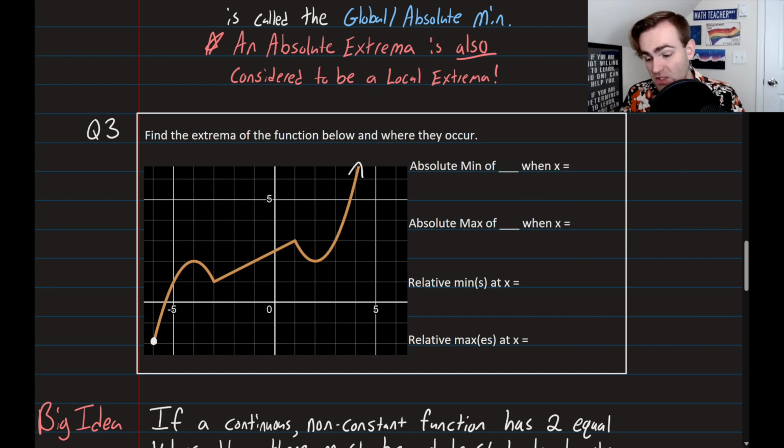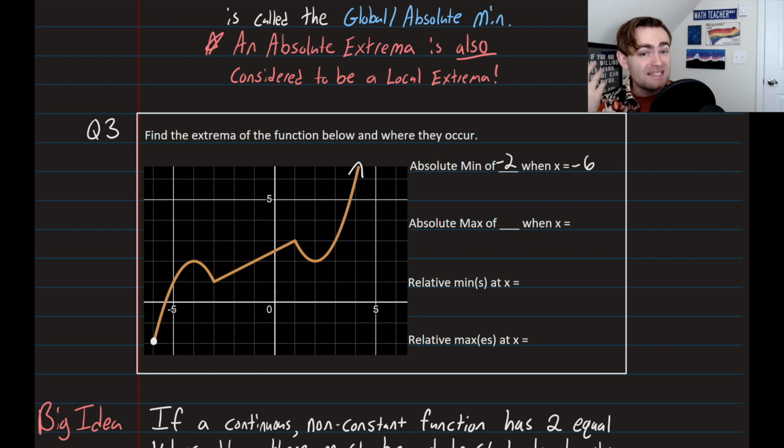So absolute mins, the absolute lowest value possible would be at 1, 2, 3, 4, 5, so all these is y1. So the lowest value it could possibly be would be -2, and that happens at -6. Maximum, because the function goes towards infinity, any number you put down that would be the absolute maximum value, I can pick something slightly higher, and then mine would win out.